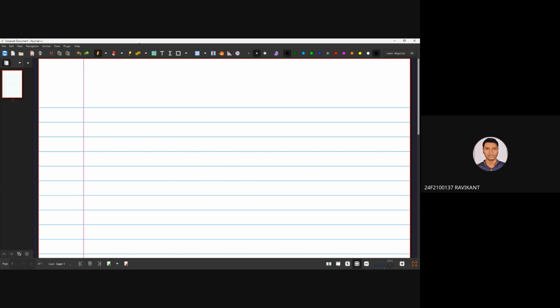Yes, Bhaiya. So let's say that we have a struct. It has an int k, and then let's say a float x, and then a character c, and then another integer t, something like this.